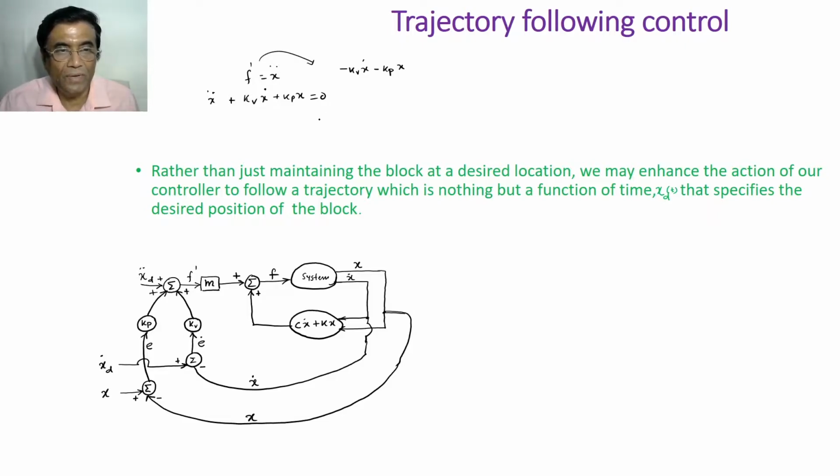This is what you started, and then we applied the critical damping condition, and then you get kv equal to 2 root kp, as simple as this, so that I will get my control law. We used model-based control. So far so good.